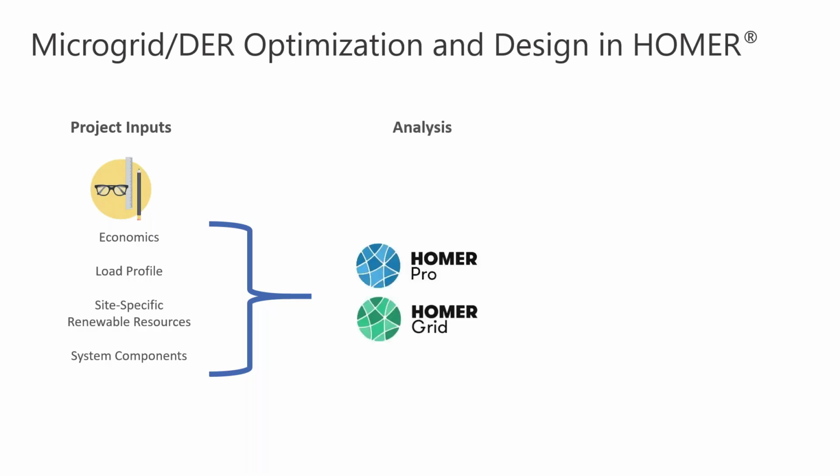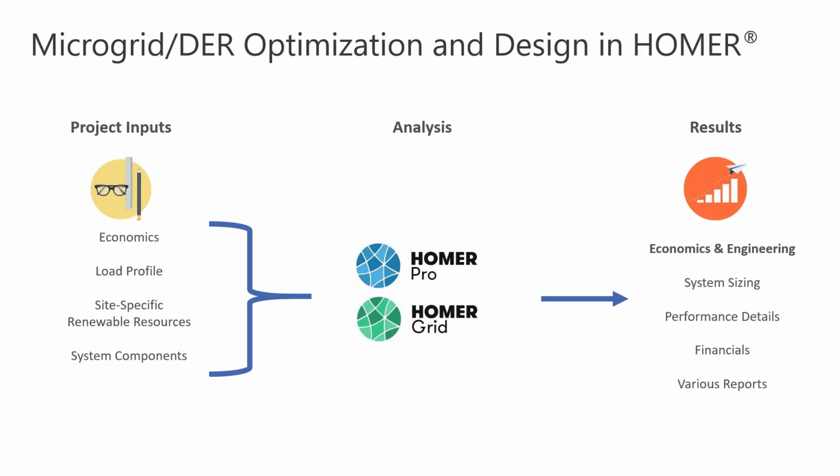Then it goes through the calculation in either HOMER Pro or HOMER Grid, and ultimately you can come up with the engineering and economics for the system. And you can take that sizing design and move that into the next phase of design or your financial analysis as the project lifecycle goes on.